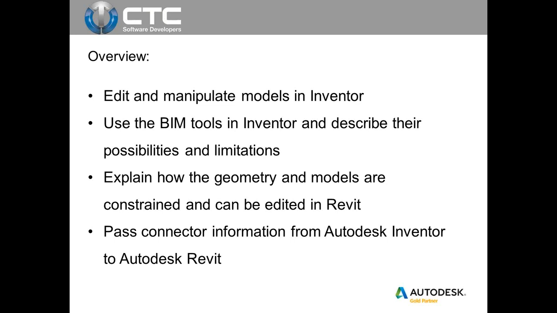Now for those of you who are new to this entire process of going from Inventor to Revit, I'd just like to mention a brief background of how this process used to work in 2013 and earlier releases. In earlier releases, the way you could go from Inventor to Revit is by exporting an Autodesk Exchange file, an ADSK file, which you could then open inside the family environment.